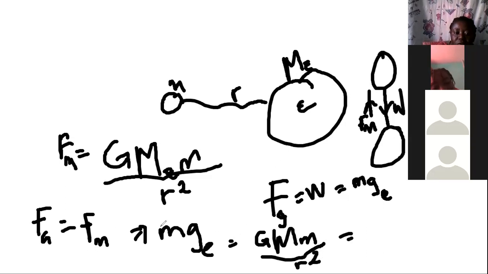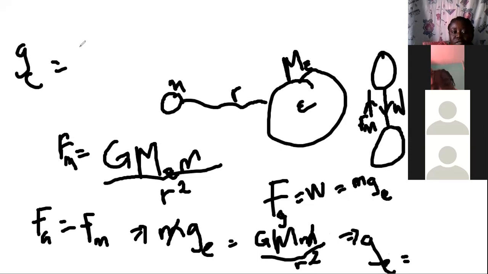What do we have? This mass is the same mass, so it cancels out. Then we are left with the acceleration, which equals the gravitational constant times the mass of the Earth, divided by the radius squared.